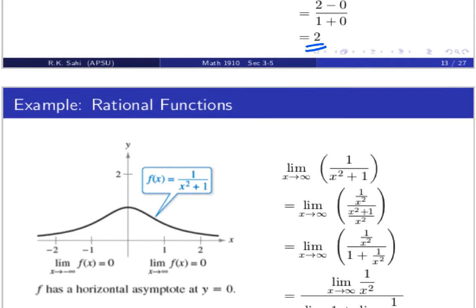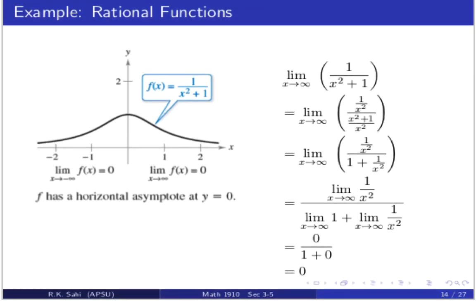Now let's look at another function. Here our function is 1 over x squared plus 1. Now this is again a polynomial. It's a constant polynomial, and the denominator is a quadratic. So, again it's a 1 over infinity form, by the way.